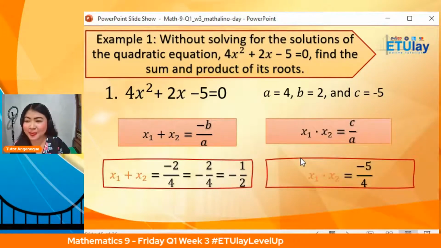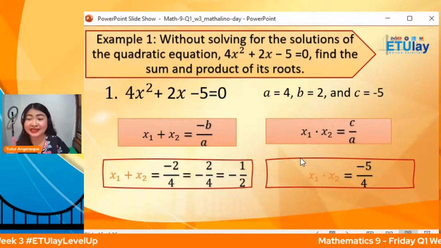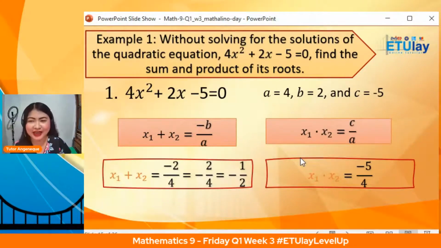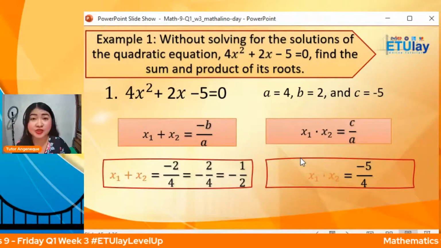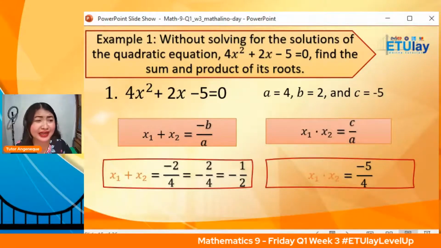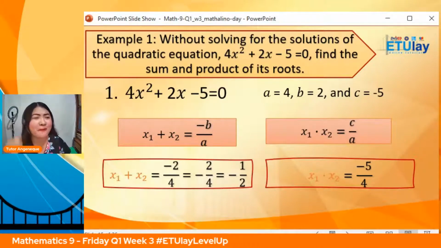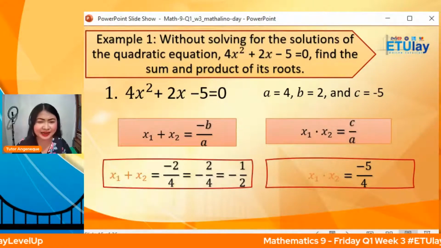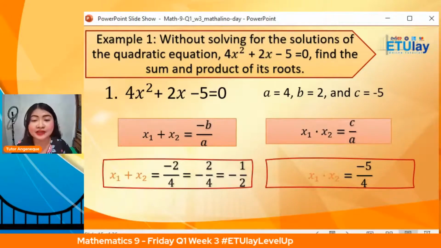So we have here, okay. All right. So c over a. O, sandali ha. Be careful lang. Negative 5 over a. Ayun. O, dapat be careful sa pag-substitute ng values ng a, b, and c. Okay. Okay lang yan. At least, always remember to double check, triple check, quadruple check, and do many checks as you can. Tama? Alexander, Alexandra, very good si Alexander. Tama, the product is negative 5.